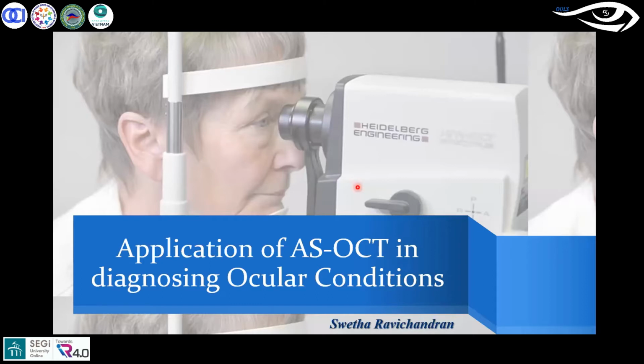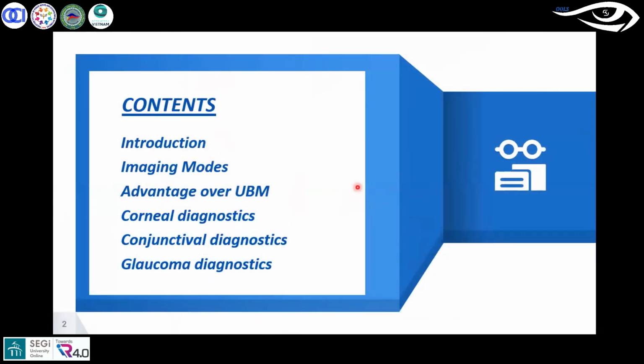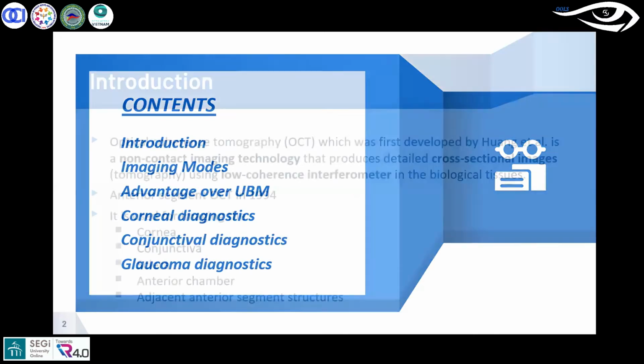So I'm going to restrict myself and talk about a few general things that we can diagnose by using AS-OCT, and I'll basically talk about cornea, conjunctiva, and also some of the glaucoma diagnostic procedures. These are the contents which I'll be covering. I'll talk a little bit about the introduction, move on to the imaging modes that are available in AS-OCT, talk about the advantage over UBM, and also talk about corneal, conjunctival, and glaucoma diagnostics.